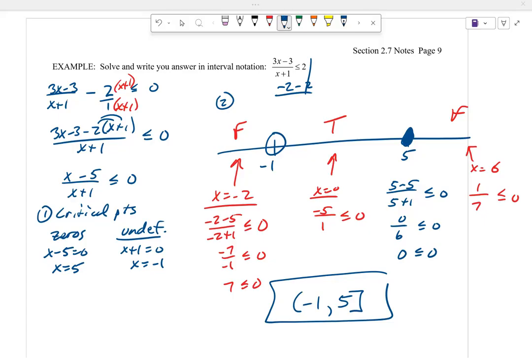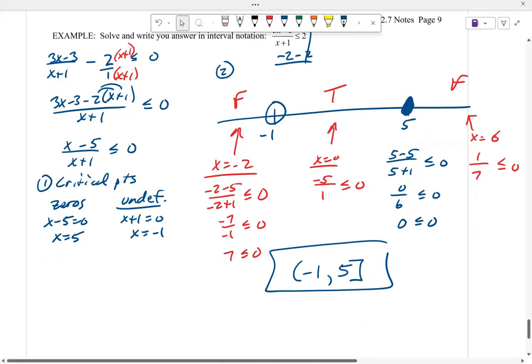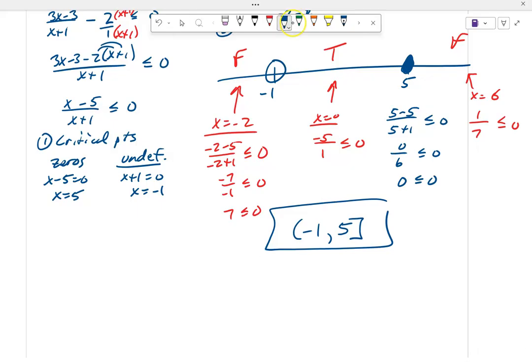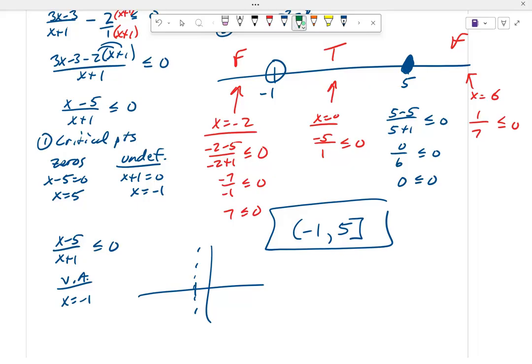And of course, you could take a look at the graph of x minus 5 over x plus 1 if you wanted to. In fact, we could briefly do that. x minus 5 over x plus 1. It's got a vertical asymptote at negative 1. The degree of the top is equal to the degree of the bottom, so the horizontal asymptote is y equals 1 over 1.